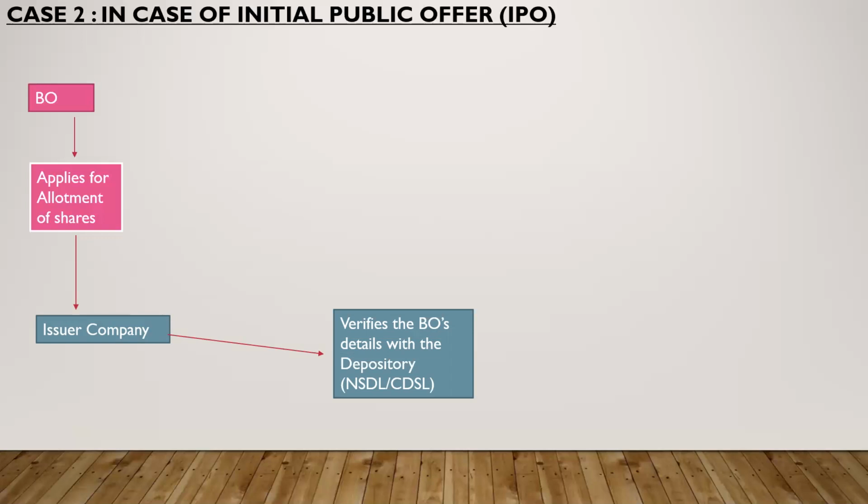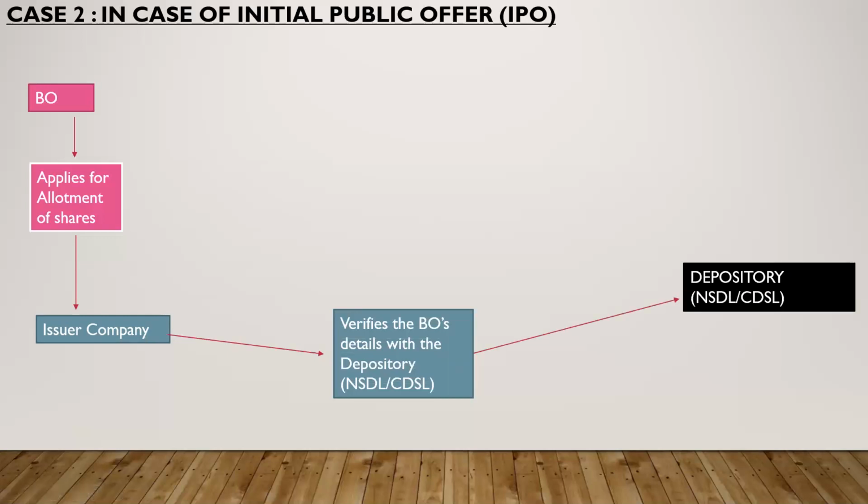This is the very first step nowadays. Whenever you want to buy the shares of any company, you have to open a demat account. So when the issuer company gets the application of the BO, it will first verify and check all the details of the BO with the depository, that is the NSDL or CDSL.